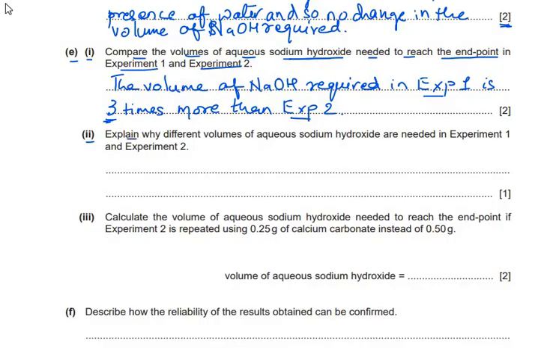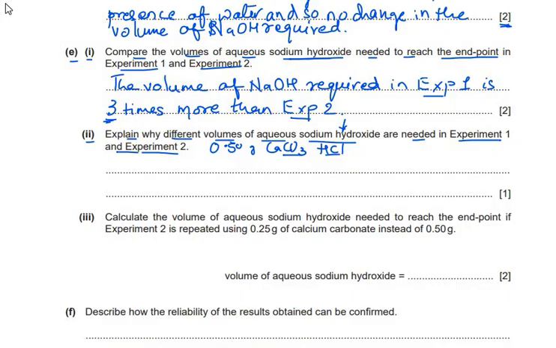It says explain why different volumes of aqueous sodium hydroxide are needed in experiment 1 and experiment 2. Now in experiment 2 we had seen that 0.50 gram of calcium carbonate was added to the HCl. If HCl reacts with calcium carbonate, some of the acid is used up and that's why it required less sodium hydroxide.